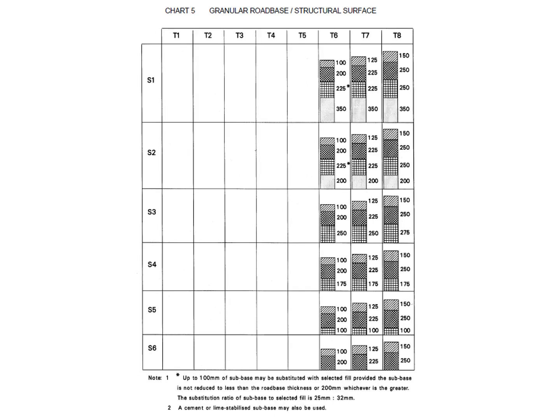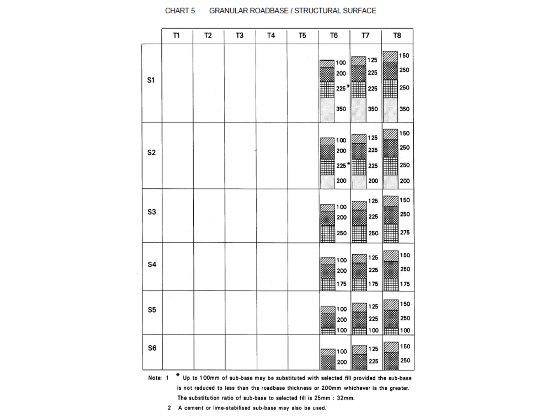And here is chart number 5, and you can see the granular road base and structural surface. When we use the term structural surface, it means we are having the wearing coats and the asphaltic base coats. Both layers are provided at the top. So as I have mentioned, this is the most rational approach for the important highways.